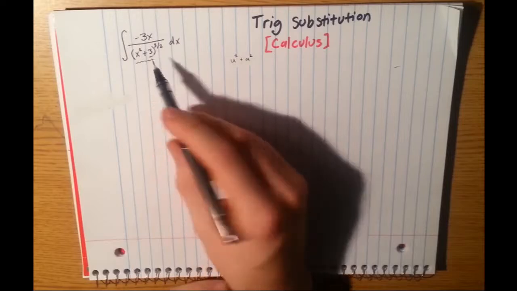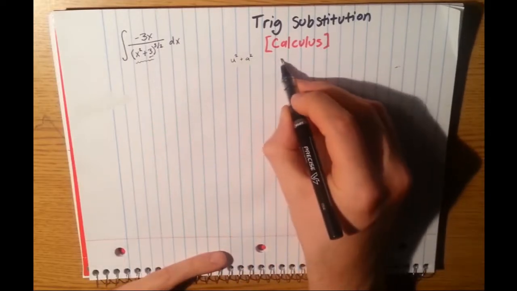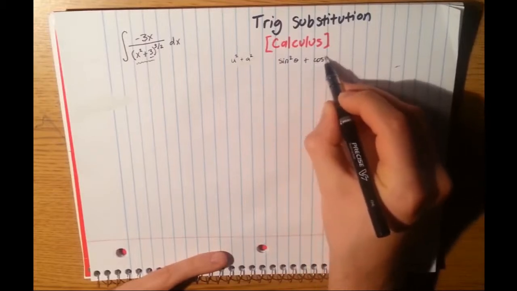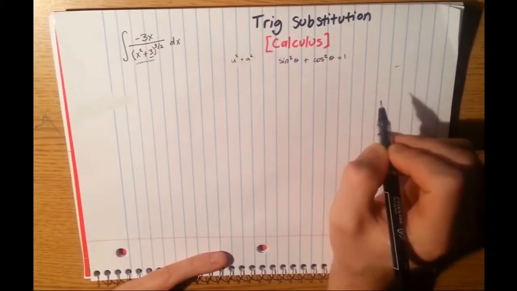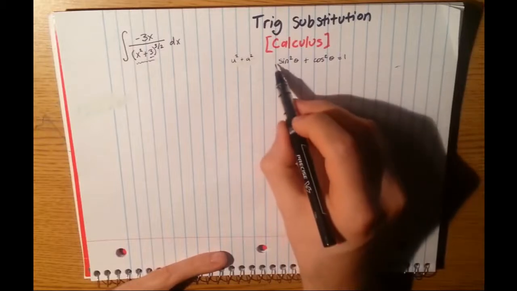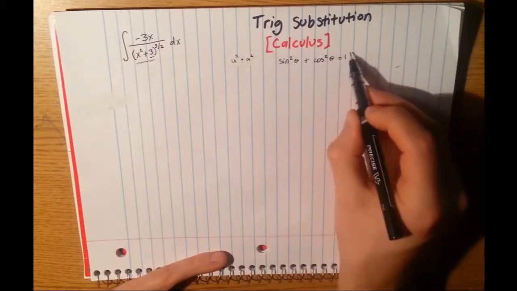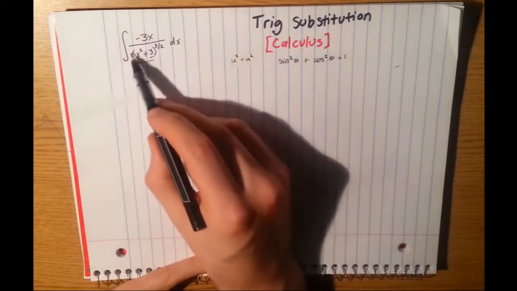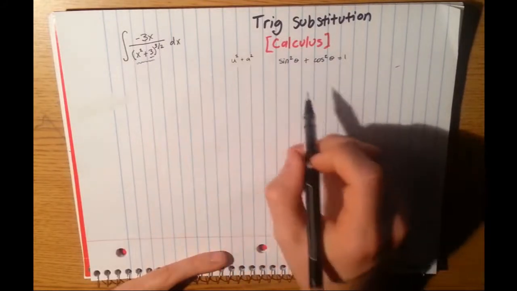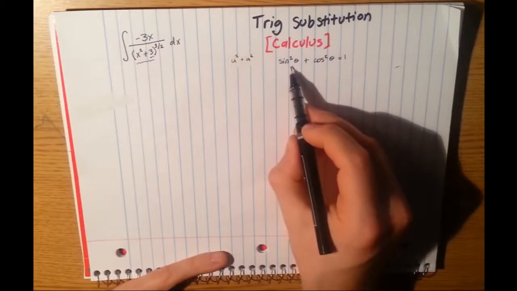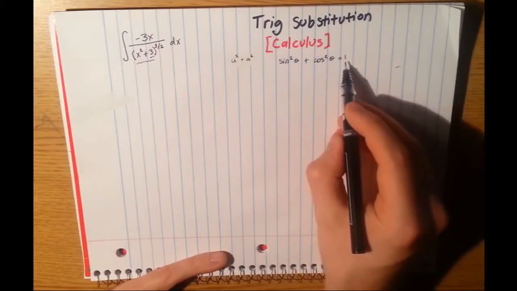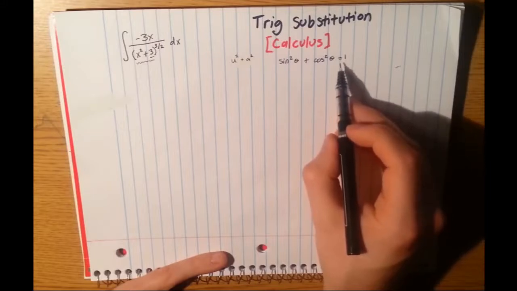Our first step is to always start with Old Faithful. Sine squared theta plus cosine squared theta equals 1. Now again, the idea is we're going to take the square root of both sides right here, and that's going to absolve our radical. Now, this is sort of in the form u squared plus u squared equals a, and that's no good. So we got to improvise.